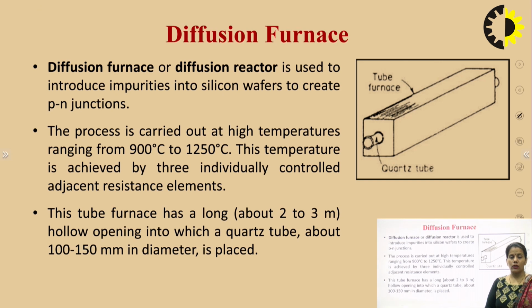Now when we talk about the diffusion process, there is a special arrangement of diffusion, and that arrangement is basically a furnace. Here it is shown. This is the tube furnace. It's a tube like structure and it is maintained at a particular temperature.